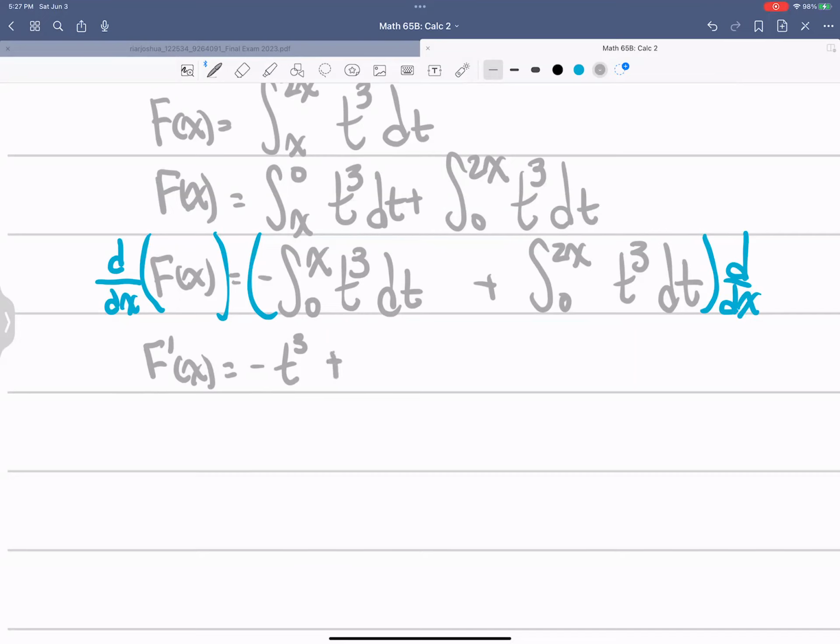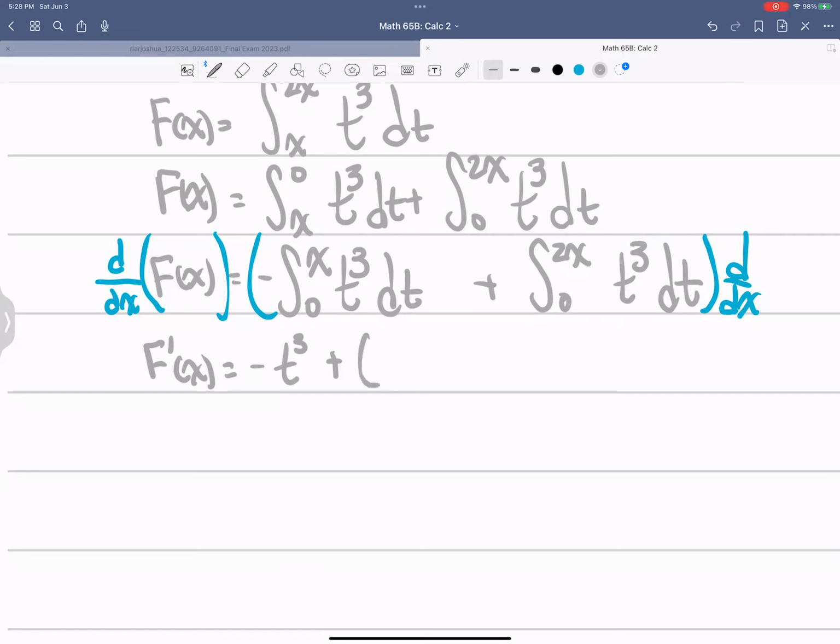Plus, all right, this one's going to be a little weird, but here we still have that t cubed. But remember, we have chain rule. Over here, the derivative of x is just 1. Over here, the derivative of 2x is 2. What did I do? Oh, I see what I did.